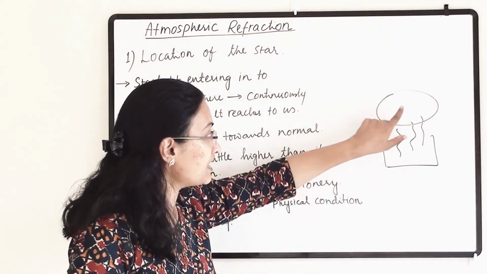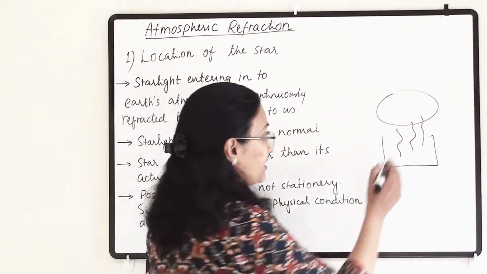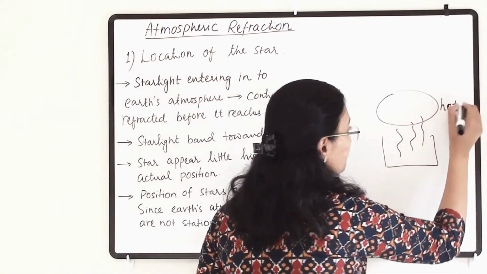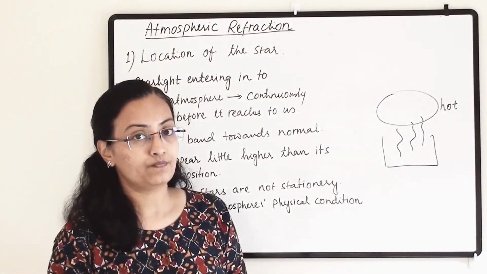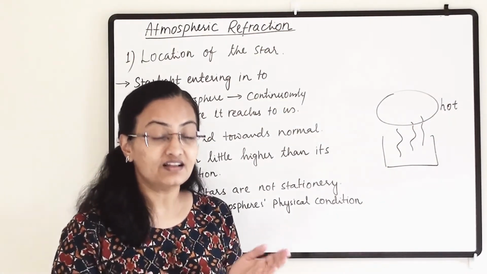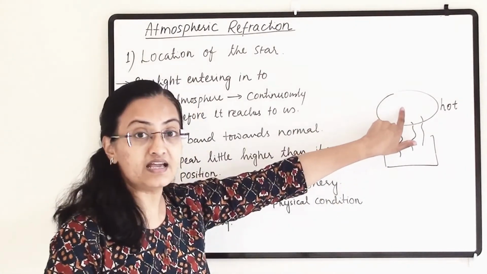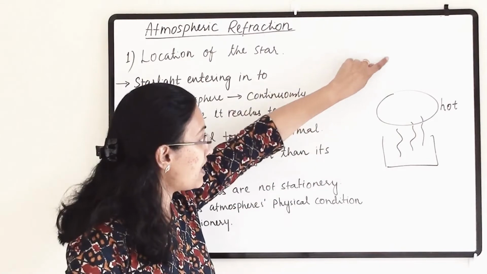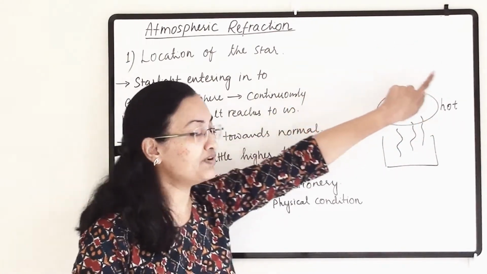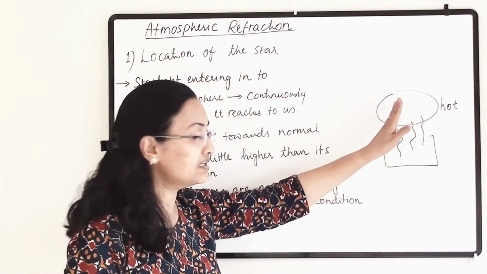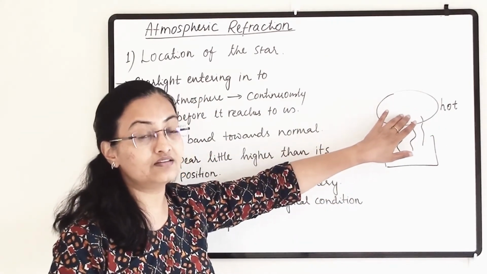Because whatever air is present over here is hot air, and hot air's refractive index is a little less compared to cool air, because hot air is less dense compared to cool air. So here the refractive index is less, whereas outside this region where hot air is not present, the refractive index is more. So you will see a slightly different pattern or wavering over here where the hot air is present.